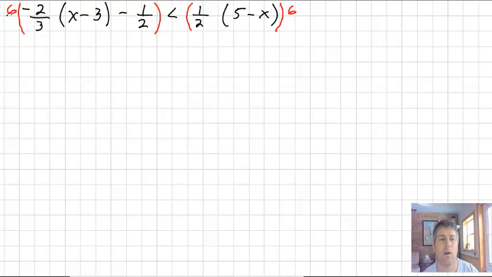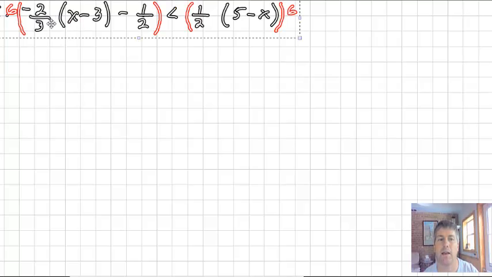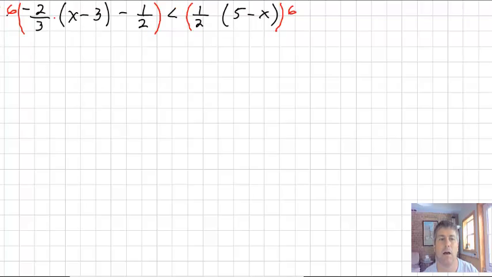Okay, so now when I multiply 6 by the negative 2/3 here, I've multiplied the x minus 3. So I don't multiply the x minus 3 by 6. I've taken care of that because of the multiplication here, the 2/3 times x minus 3. So 6 times negative 2/3 becomes negative 12/3, or negative 4 times the quantity x minus 3.